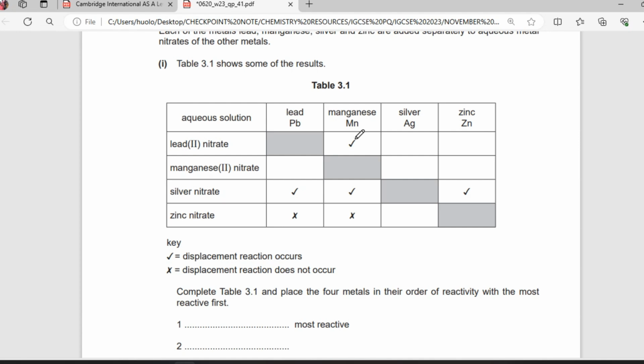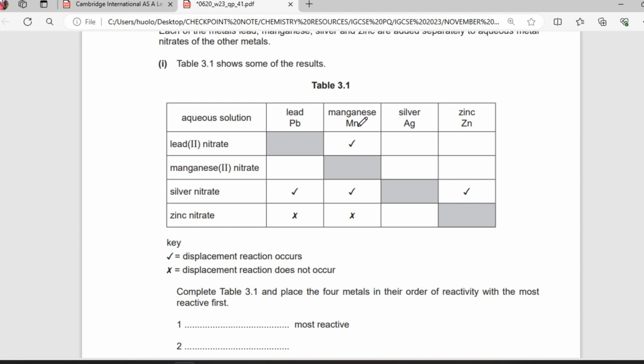That tells you that manganese, competing with lead for the nitrate ion, was able to take the nitrate ion. In other words, it displaces lead from the compound lead(II) nitrate. So manganese is more reactive, so that's what we have there, a tick.